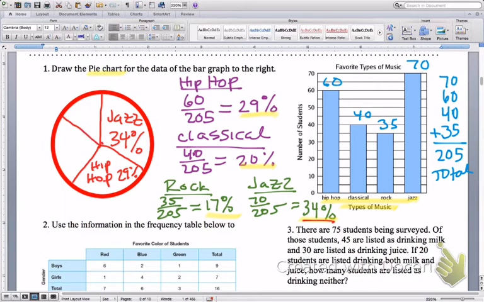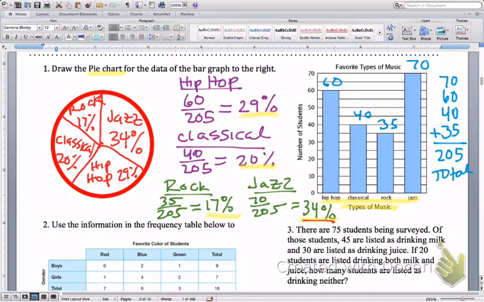So I'm going to do classical, which is the bigger wedge, and then I'm going to have rock as the last one. Classical is 20%, and then we have rock as our last one, which is 17%. And we just converted this histogram, this bar graph, into a circle graph.